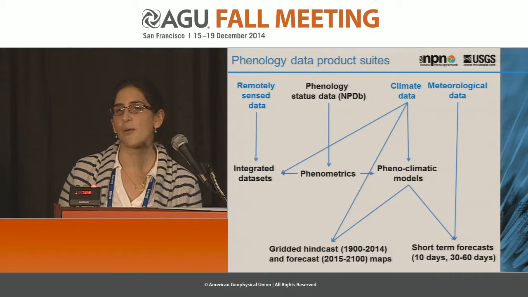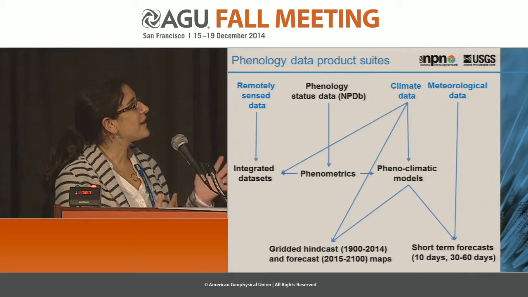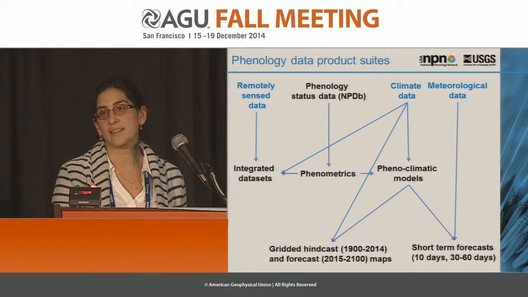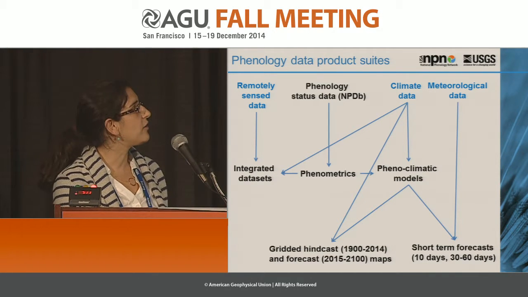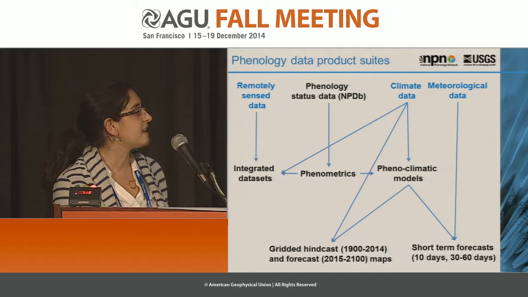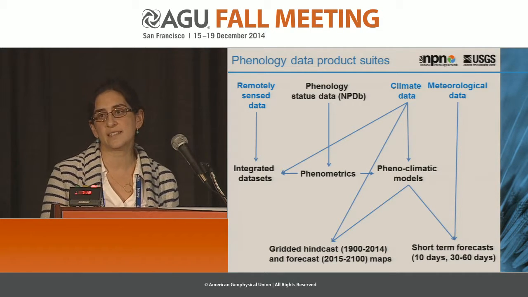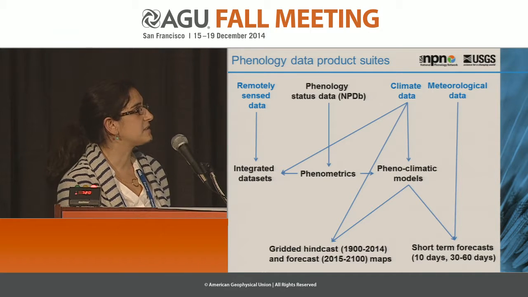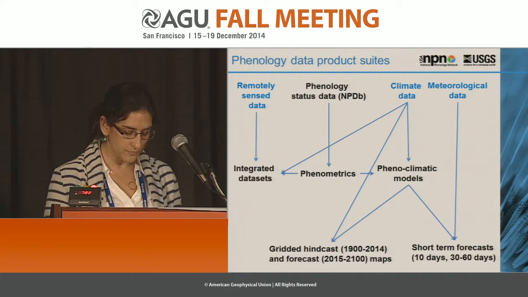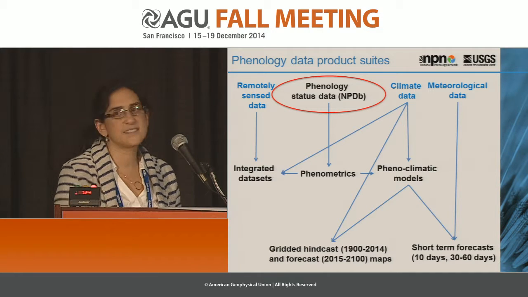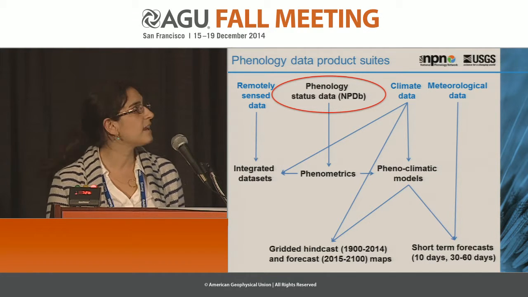So this very complicated, messy schemata sort of summarizes what we're calling data product suites. Everything in black is data derived from the National Phenology Database, whereas the blue data sets are ancillary data sets used to make our data products. Phenology status data is the backbone of all of our data.